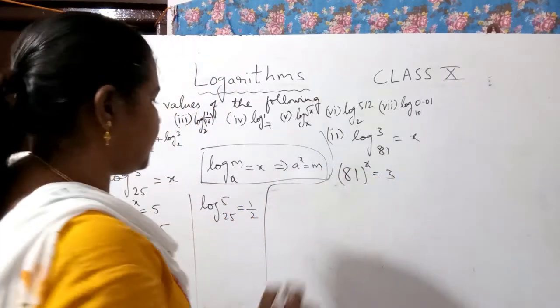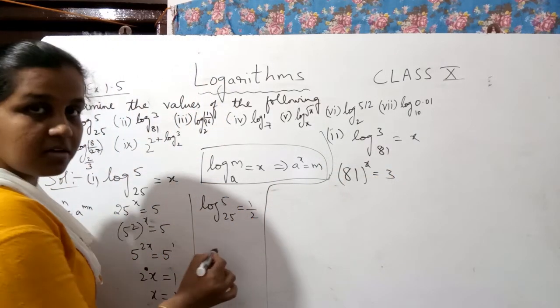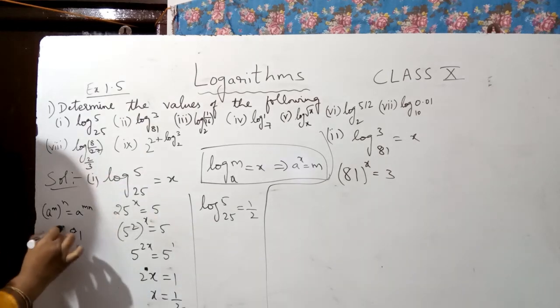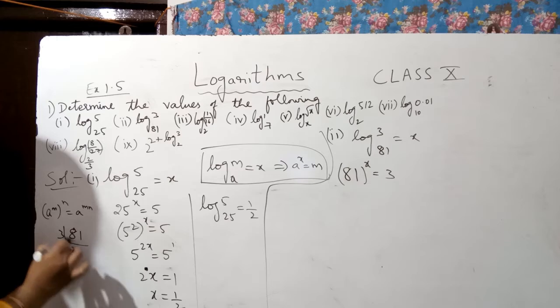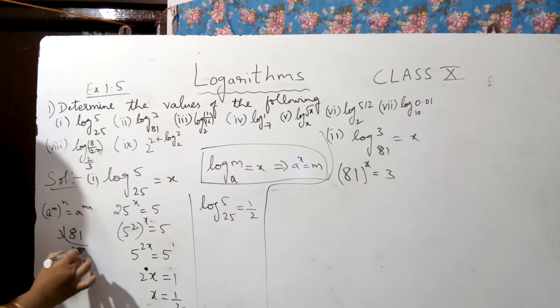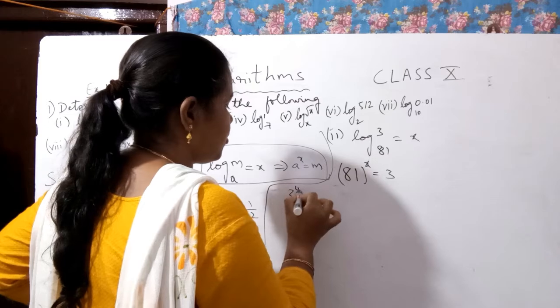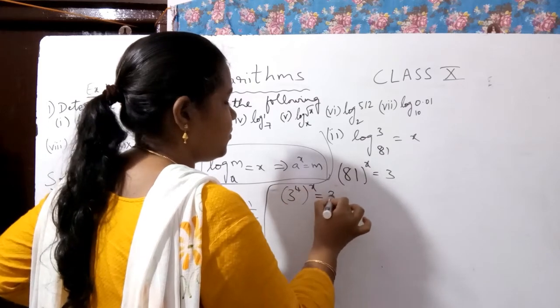So 81 can be written as, 3 2s are 6, 3 7s are 21, 3 9s are 27, 3 3s are 9. So 3 power 4. So I can write it as 3 power 4 whole power x is equal to 3.